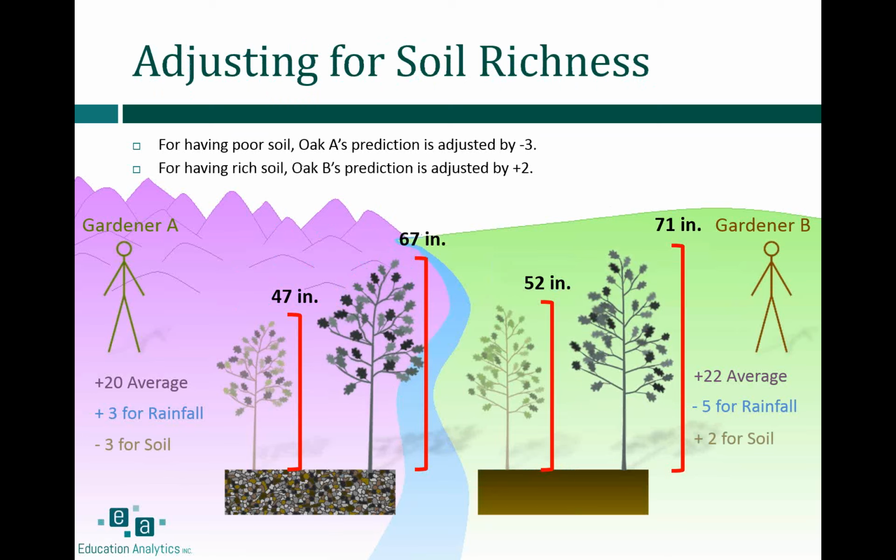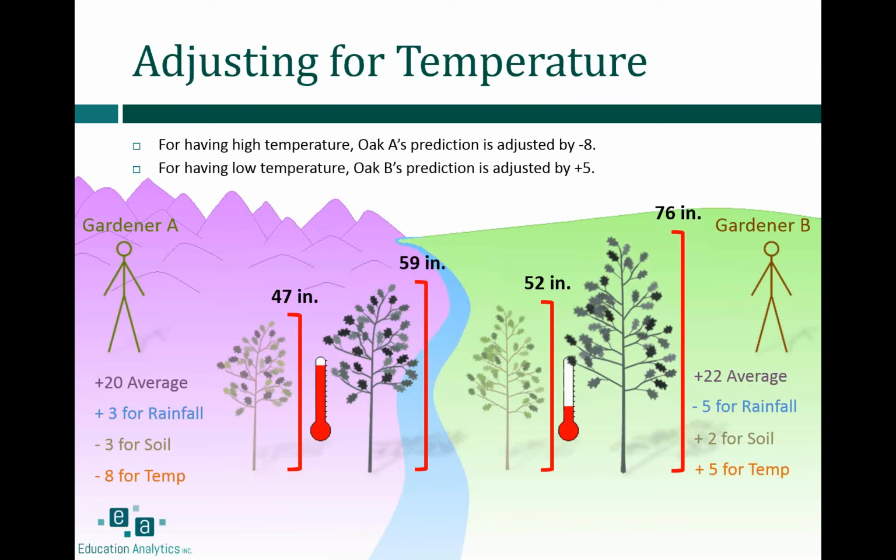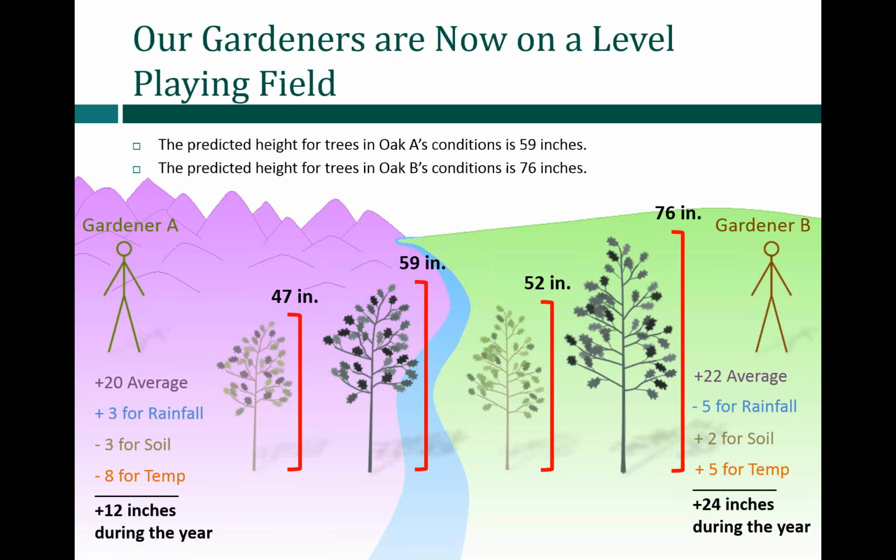Similarly, we are going to do the same thing for soil richness and temperature. Again, each time looking at the specific condition the tree experienced and then making an adjustment based on similar trees. So that by the time we do all that, our gardeners are now on a level playing field when it comes to the starting height of their trees, the rainfall, soil richness, and the temperature that those trees experienced, so that we have a customized prediction for each one of these oak trees.